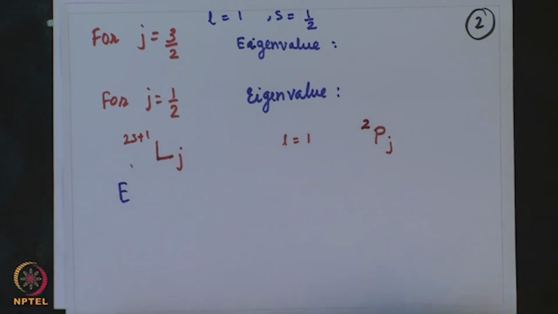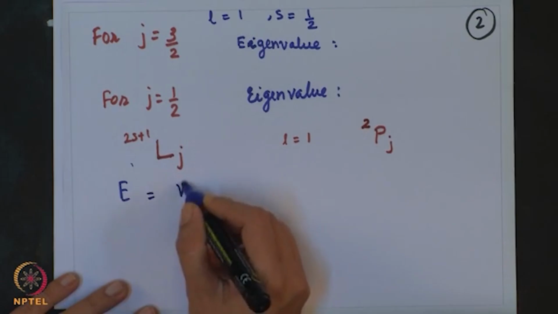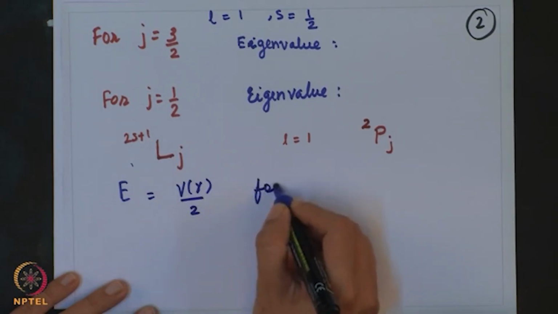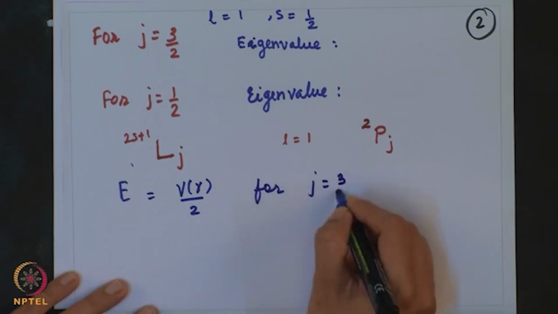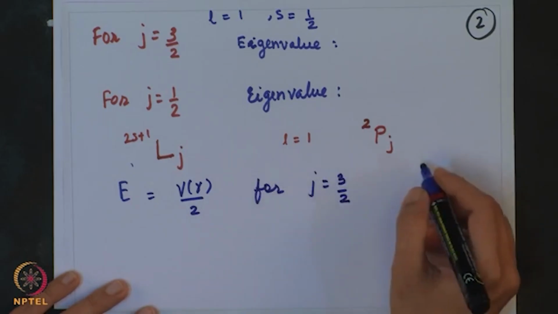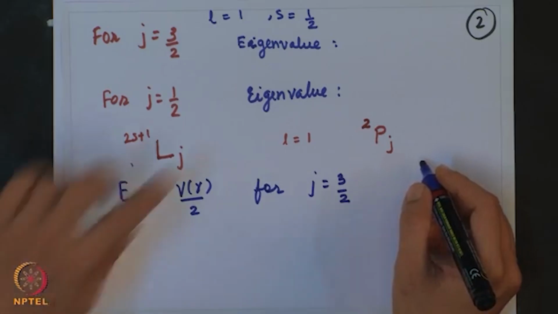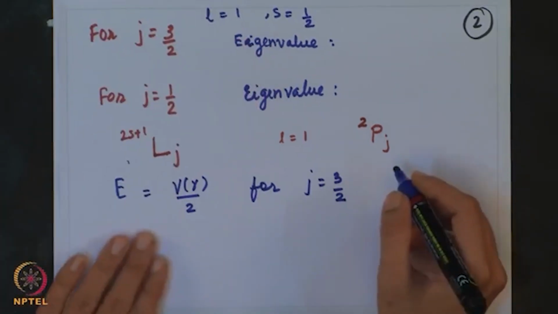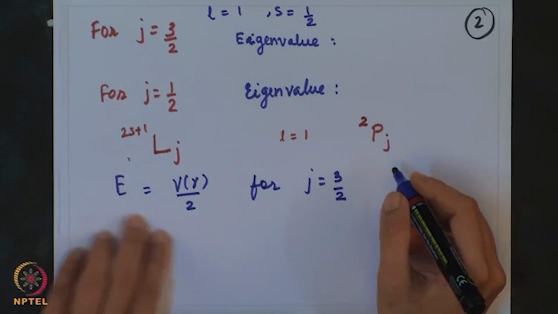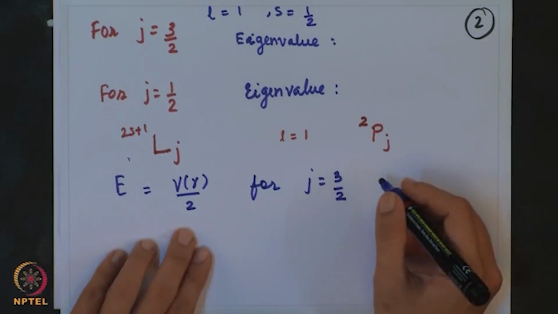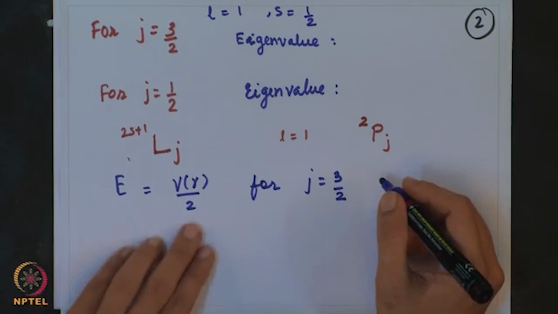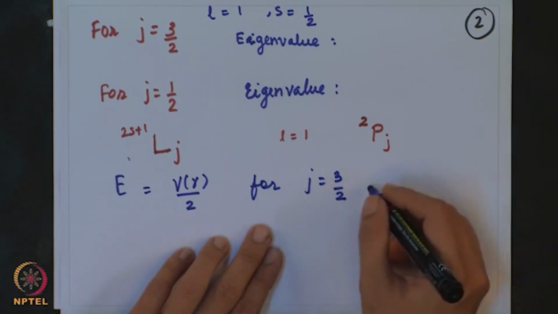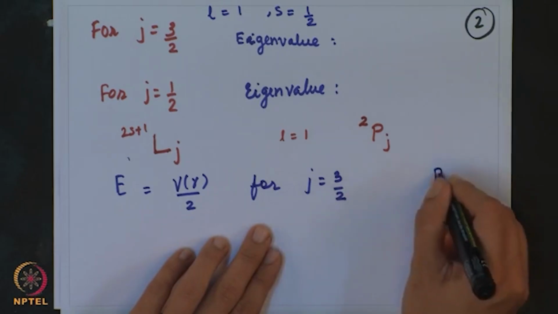So, now the energy E is V(r) upon 2 for J is 3 by 2. You have to fill in these blanks and just match it with what I am giving you as the final result. So, E is V(r) by 2. For J is equal to 3 by 2, in spectral notation how will I write?